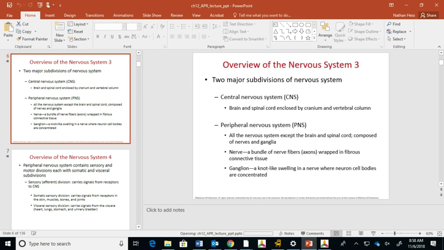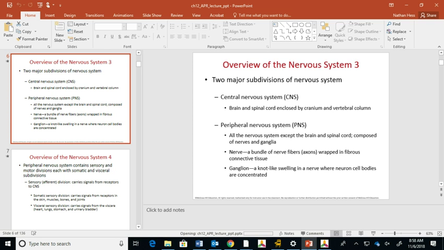This figure 12.2 is a summary of all the next pieces that are coming. Even though we have one nervous system, you can break it into pieces. The two major subdivisions are your central nervous system and your peripheral nervous system.